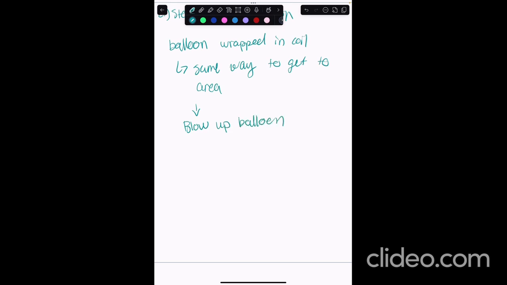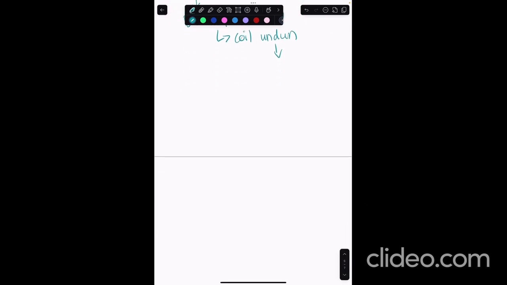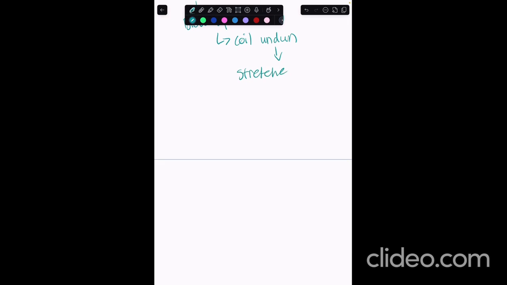And that coil that's tightly wrapped is now going to expand and undo basically. Again, sorry, cannot spell. The coil undoes and stretches out that area of narrowing, and also does the same thing of flattening out the buildup.